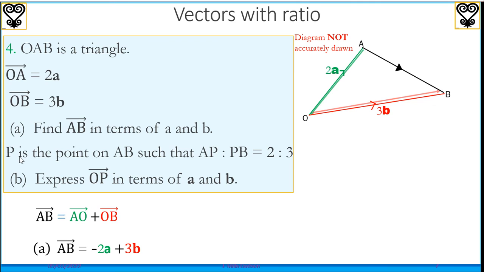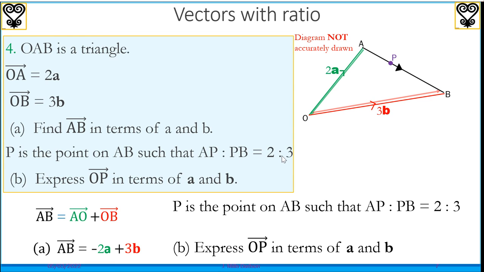Point P is such that AP to PB is 2 to 3. So let's put a point. That's the point. And we must know the fraction. So that means that this is 2/5 because 2 plus 3 is 5, and that is 3/5.